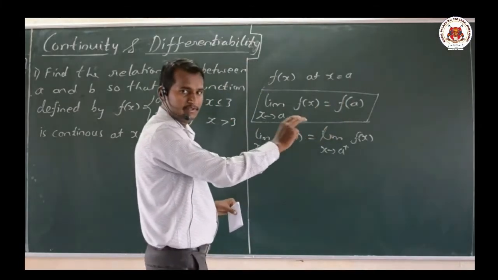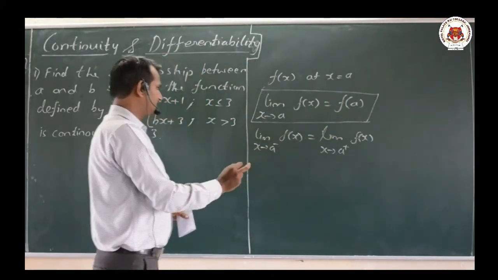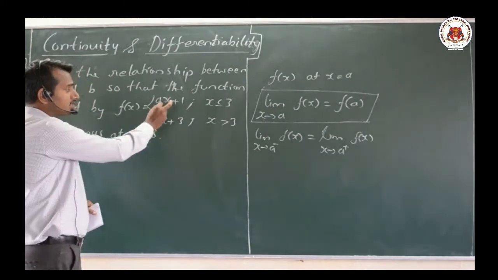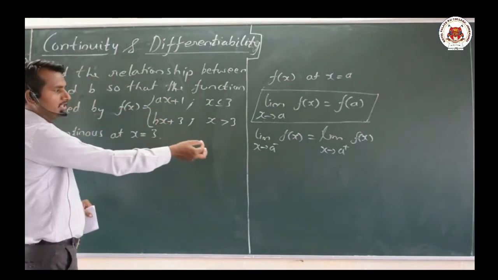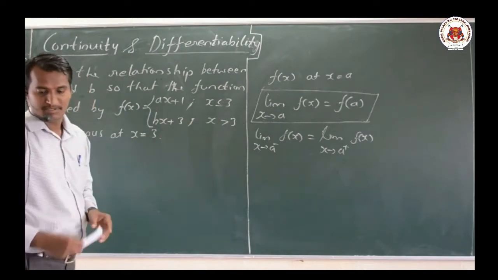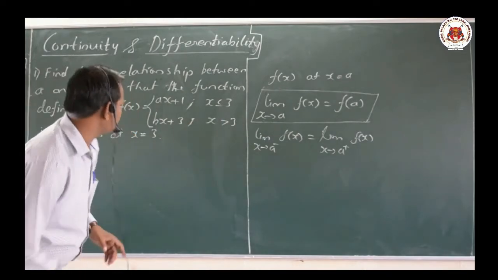We just need to find the relationship between a and b. That can be easily done by making use of the left hand limit and the right hand limit, which we shall discuss now.